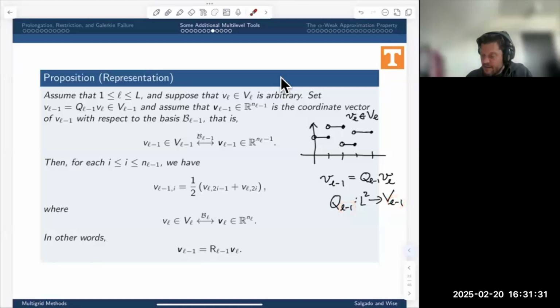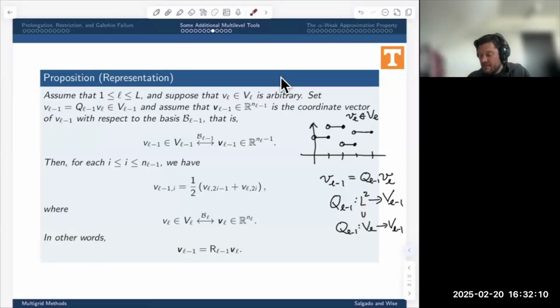Now I'm just going to realize that capital VL is a subspace of L2, so we can restrict the domain of QL minus 1 if we want to operate that way, because VL is a proper subspace of L2.